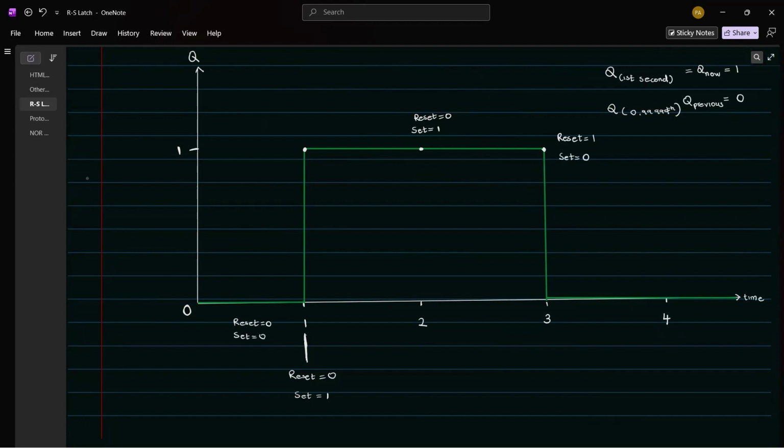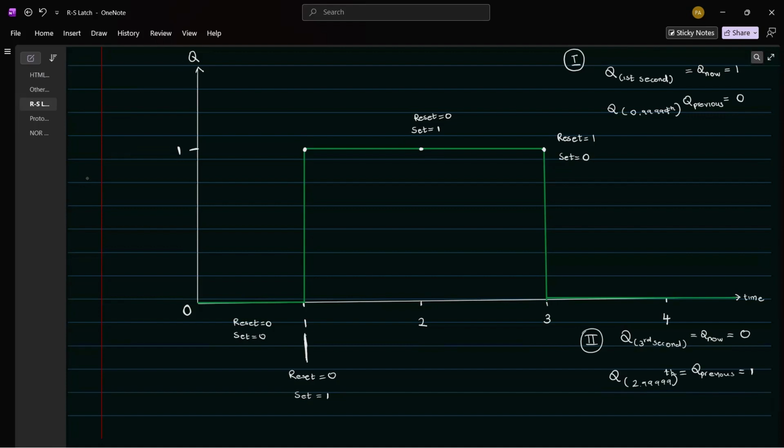Now at the third second, this is the first scenario and this is the second scenario. What is the second scenario? Well, if you consider Q at the third second as Q now, it becomes 0. What was Q previous? Q previous was equal to 1, at 2.999999 something second.